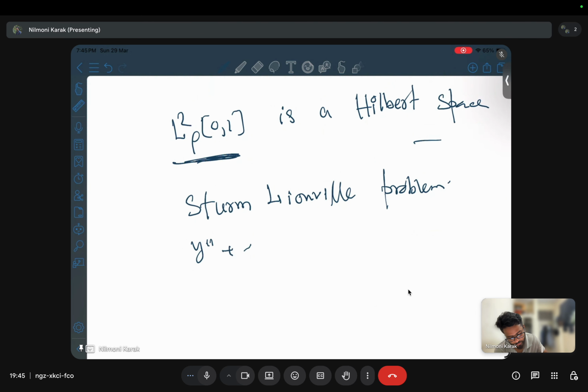y'' plus rho lambda rho y equals 0, with y(0) equals y(1) equals 0.